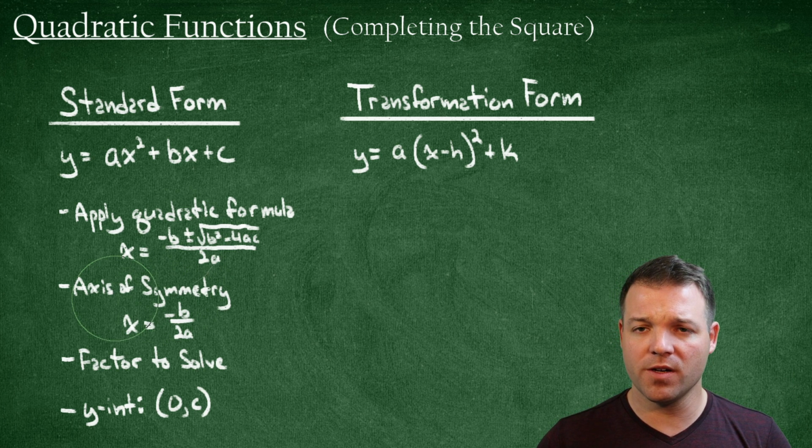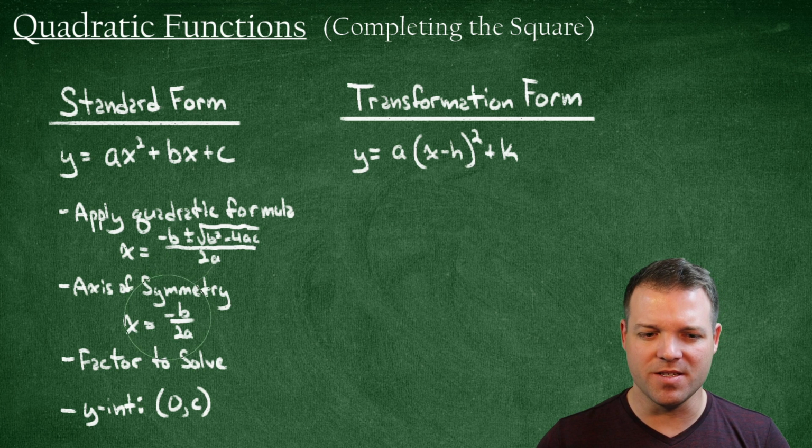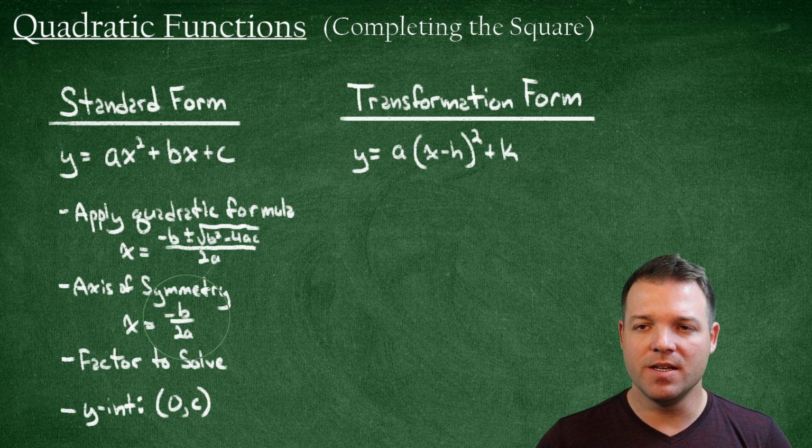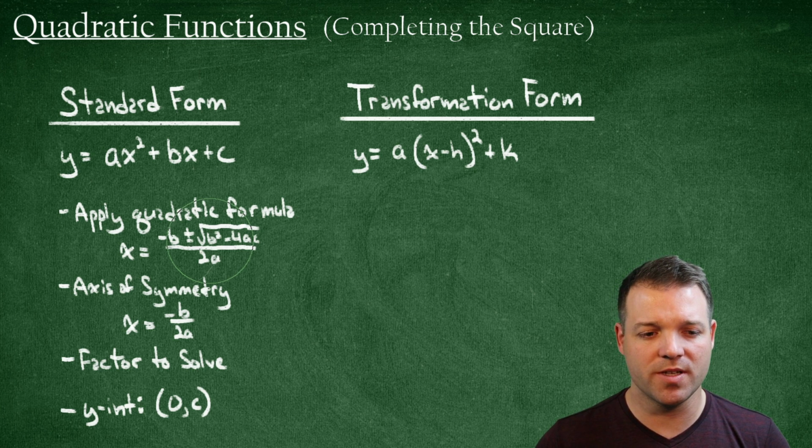We can also figure out the axis of symmetry fairly easily with the standard form. It is the vertical line x is equal to negative b over 2a. That is going to give you the line that splits right between the parabola, whether it's facing upwards or downwards.